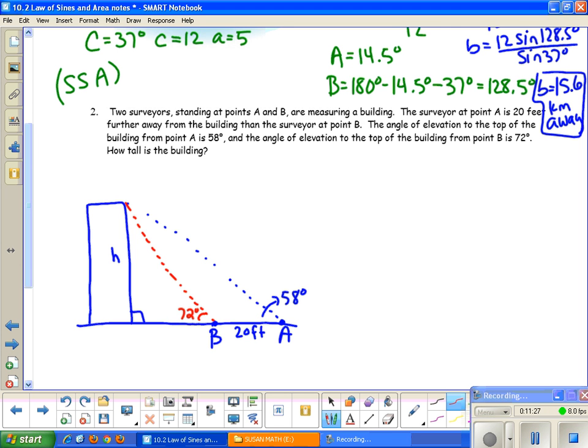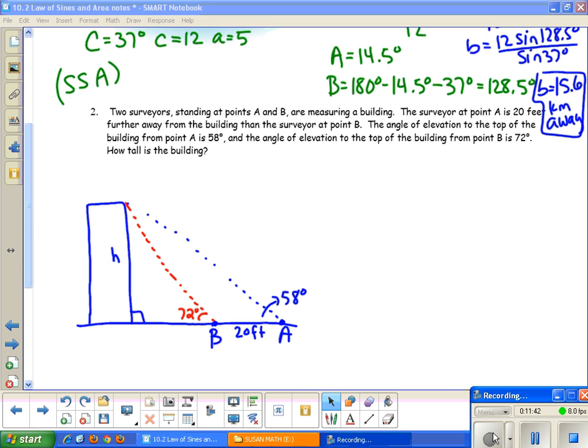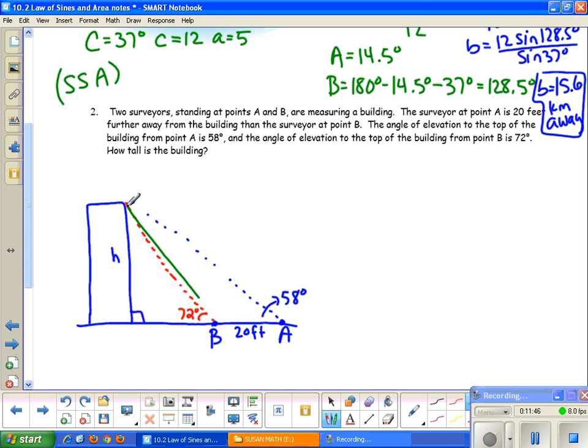If I want to solve this problem, I have to think about things that I know. I need to figure out what the height is, and right now I don't know what the height is. But I noticed that I have this triangle here, and I have this triangle right here.